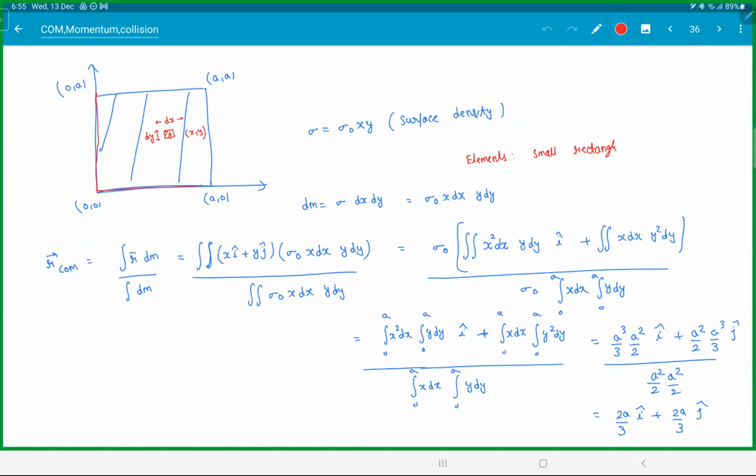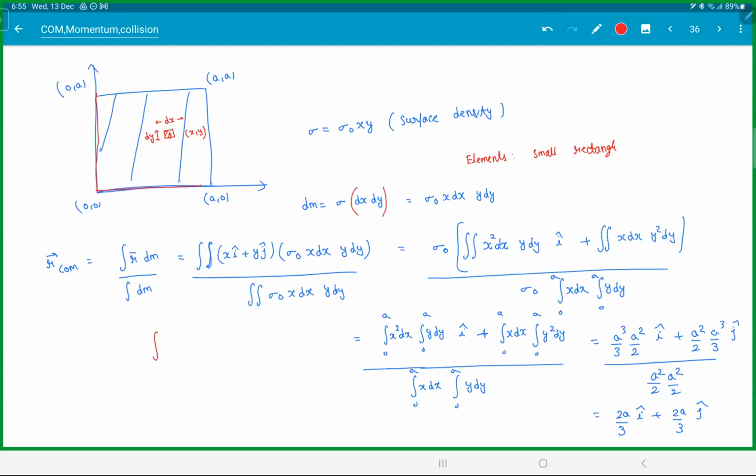See, what you do here? You take a small element here. This part you understood. Taking a small element. Then the dm part is clear. Sigma into dx dy will be length into breadth. So that will give you sigma into area. So mass came. Now, maybe you got confused because I tried to do everything in one go.